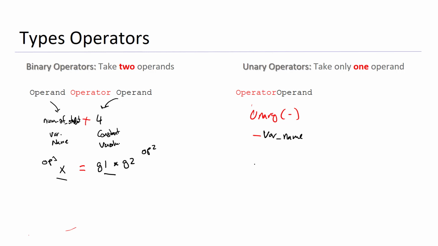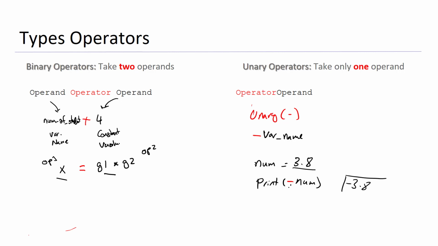For example, let's say I have a value called num, and this value num contains 3.8, and if I print minus num, this is going to take the number 3.8 and negate it, and in the output I will get minus 3.8.